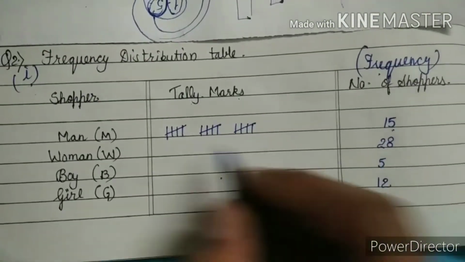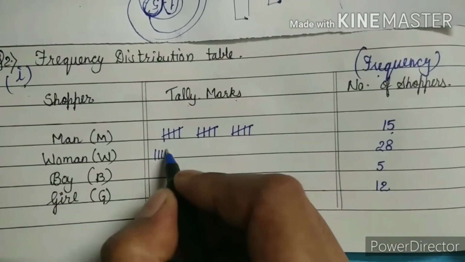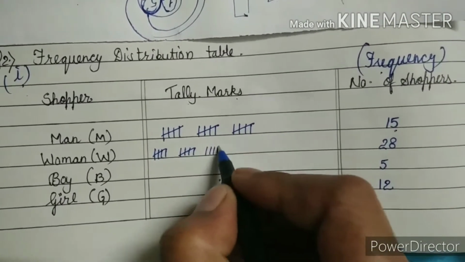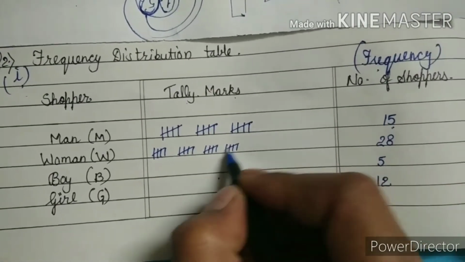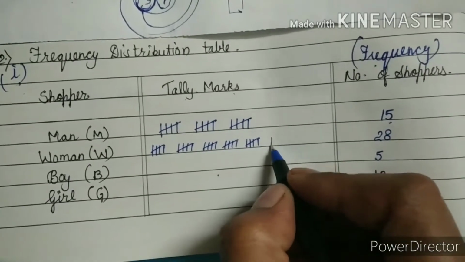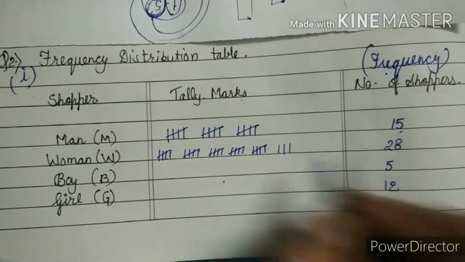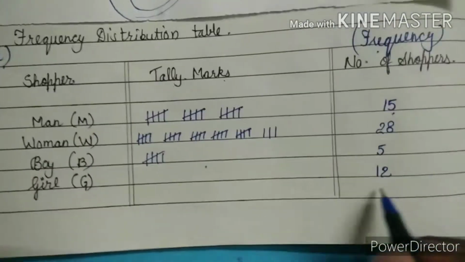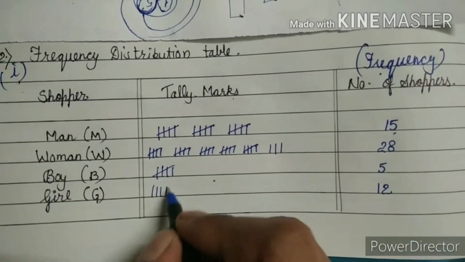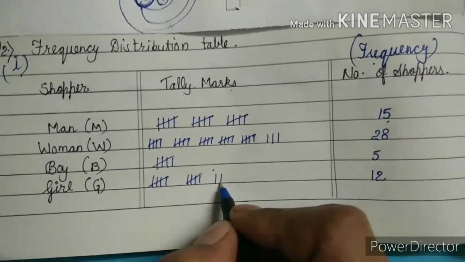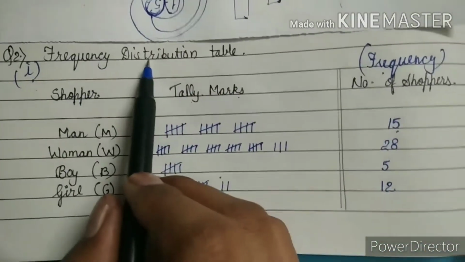Now for the 28. 1 2 3 4 5 6 7 8 9 10 11 12 13 14 15 16 17 18 19 20 21 22 23 24 25 26 27 28. Okay, 5 1 2 3 4 5 12 1 2 3 4 5 6 7 8 9 10 11 and 12. So here we completed the frequency distribution table.